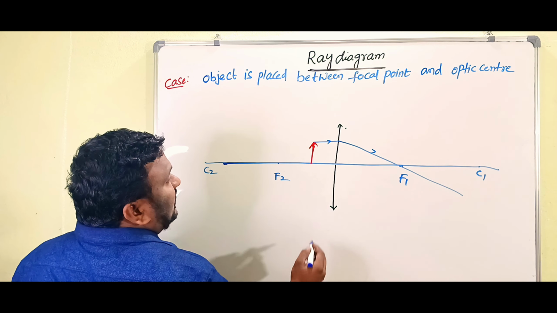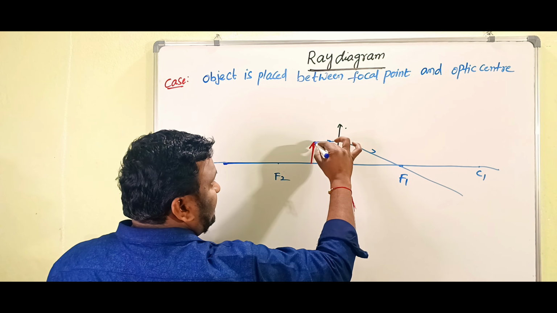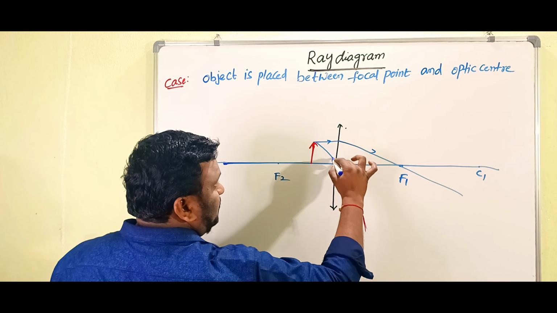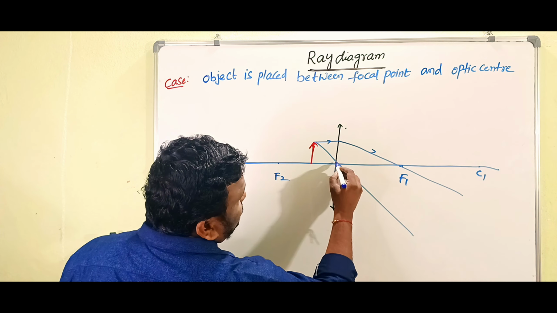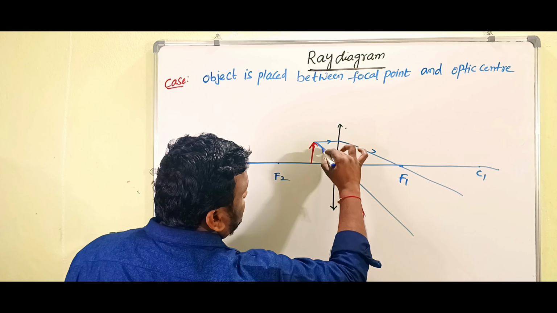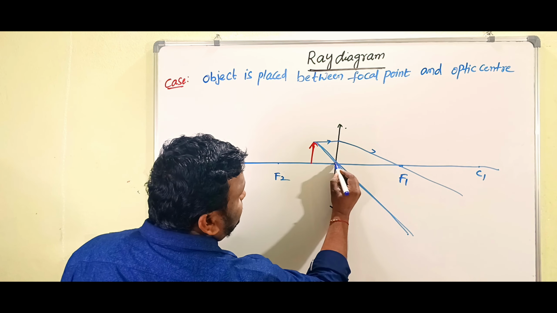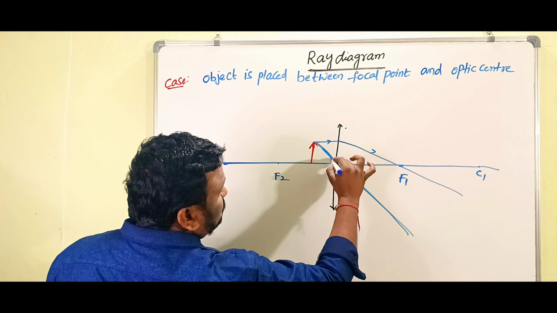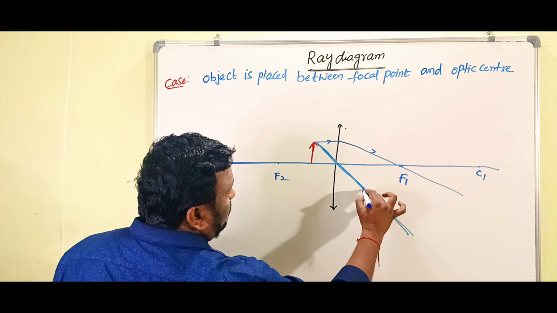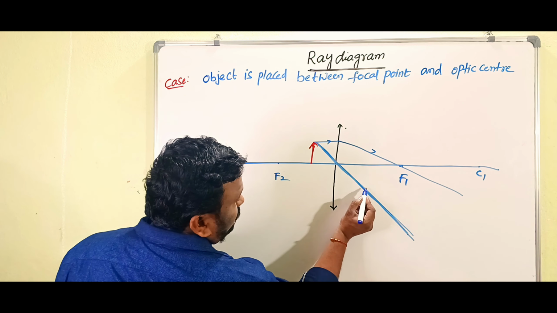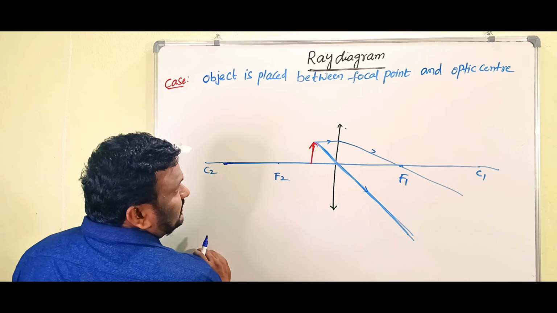Clear? And the next thing, the second ray is passing through the optic center. Passing through the optic center, children. This is the light ray that passes through the optic center. There is no deviation for it.